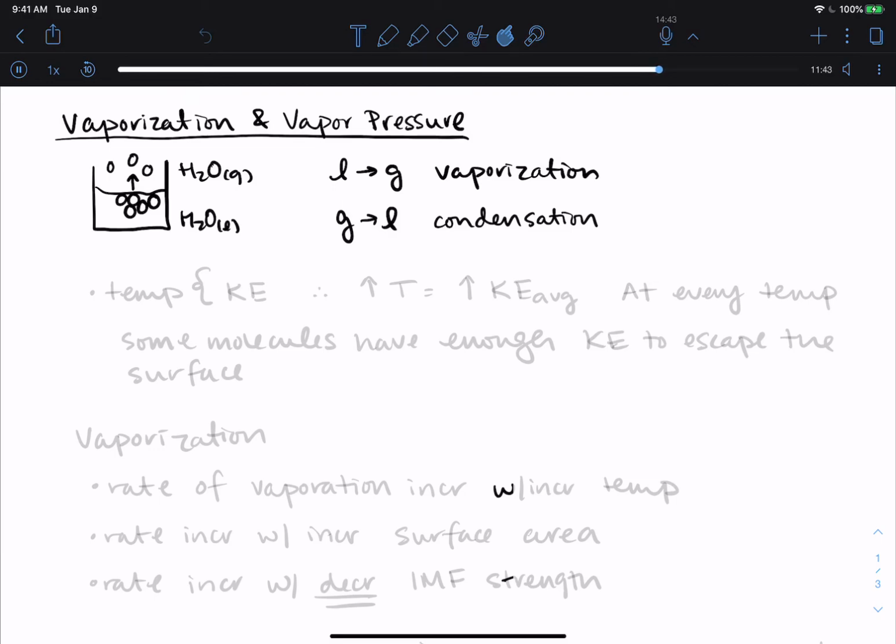In a sample of a liquid, well, in a sample of anything, what we should see, if you remember from kinetic molecular theory, is that temperature is directly proportional to kinetic energy. So at a higher temperature, we have a higher average kinetic energy. Now, the individual molecules have a range of kinetic energies, but at every temperature, some molecules have enough kinetic energy to escape the surface.